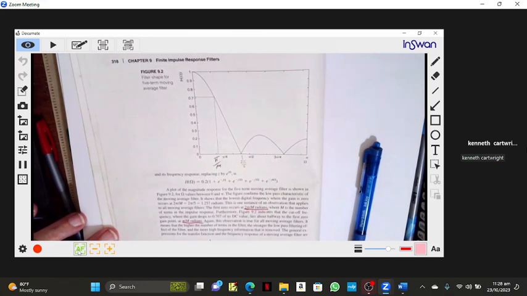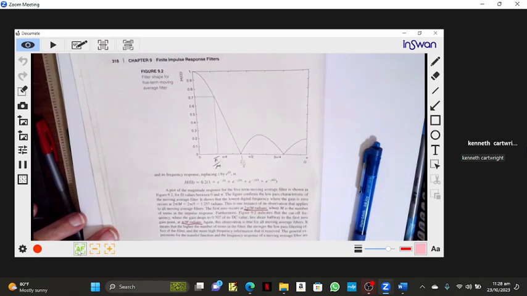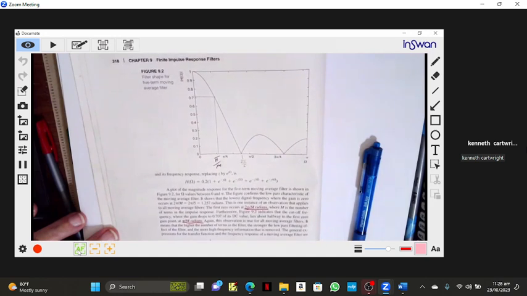And look at it. What's this cutoff frequency? I would assume like 0.25.